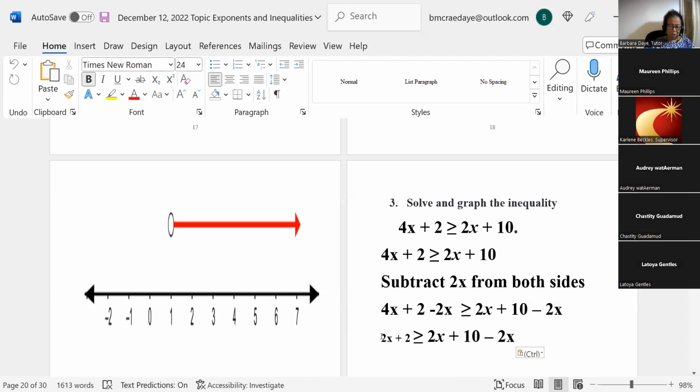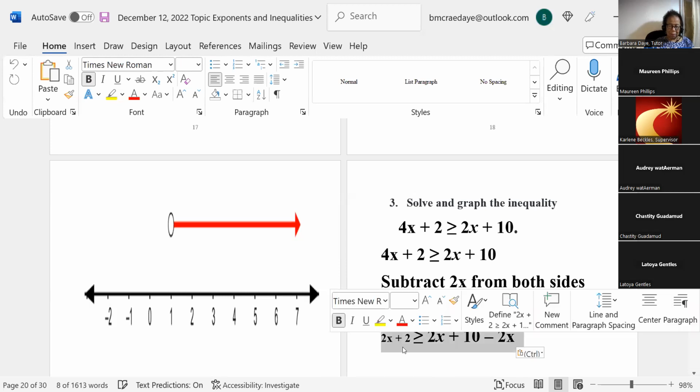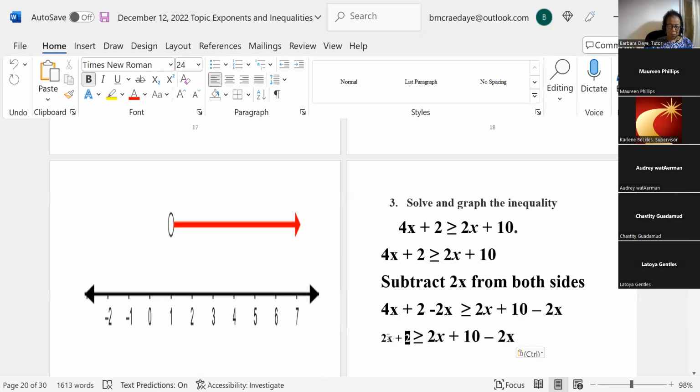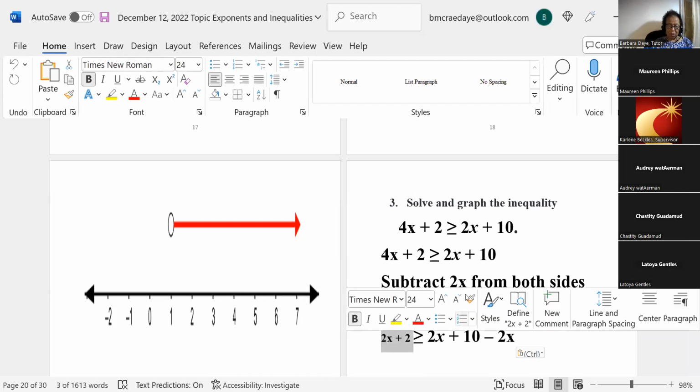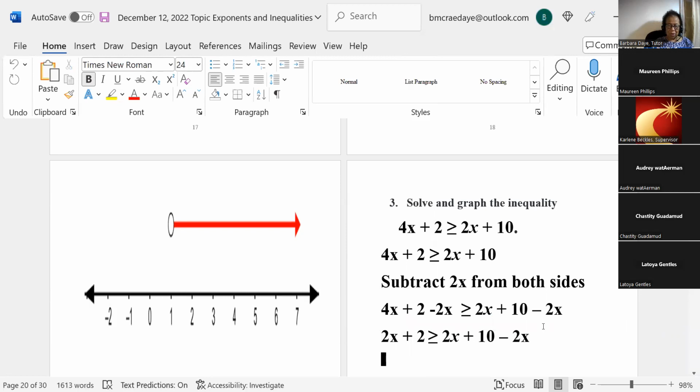Okay, Maureen, what do you get on the right side? What's on the right side once you subtract the 2x?